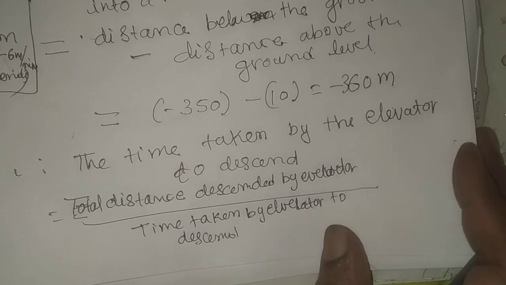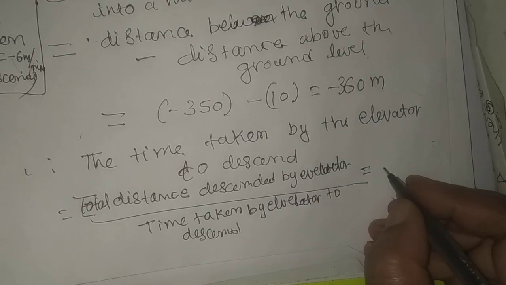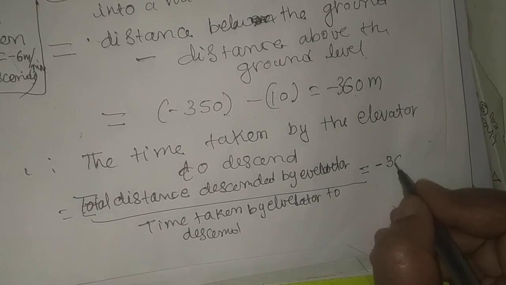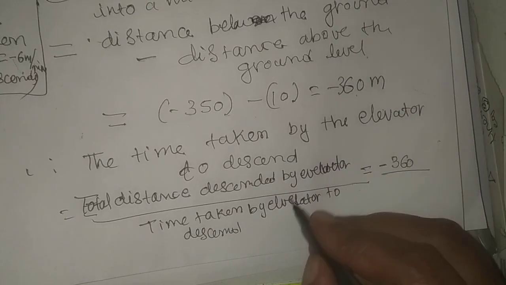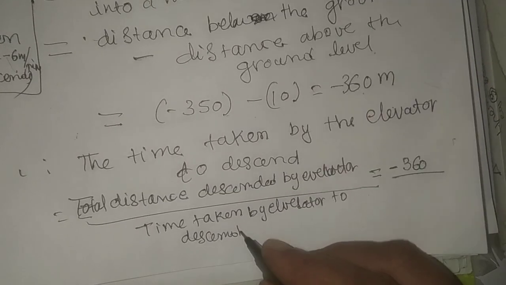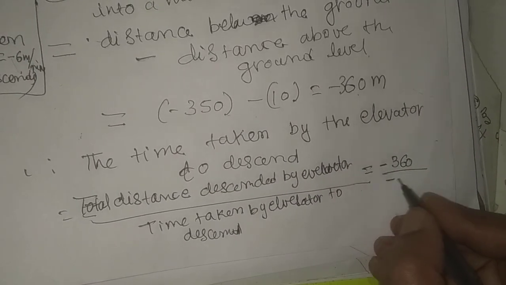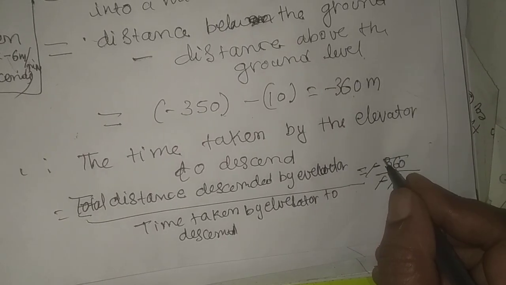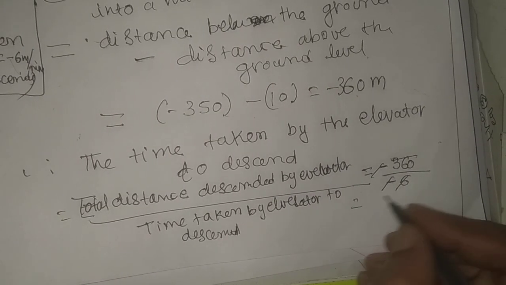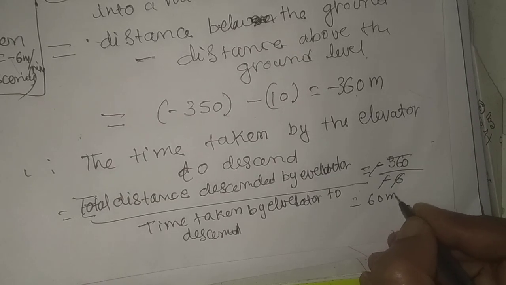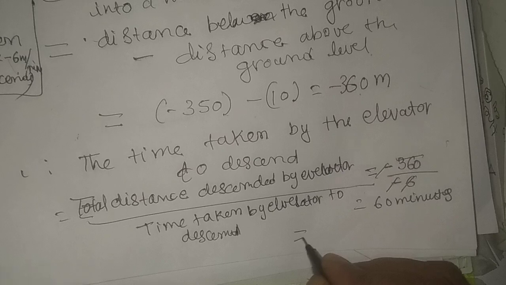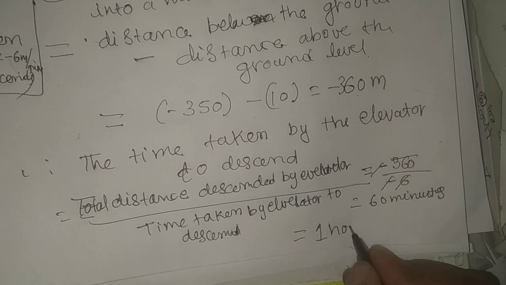How much total distance descended is what we got? This one is minus 360 divided by minus 6. Cancel, 6 ones are 6. 6 6s are 360, so it is equal to 60 minutes. Finally 60 minutes is equal to 1 hour.